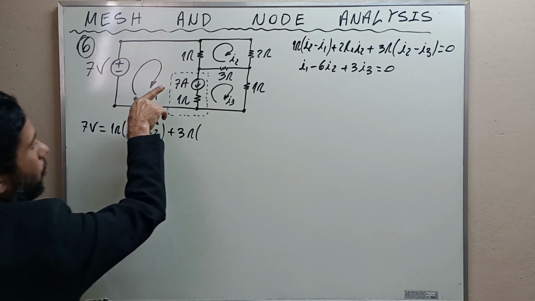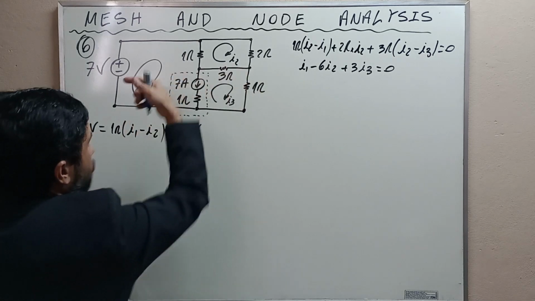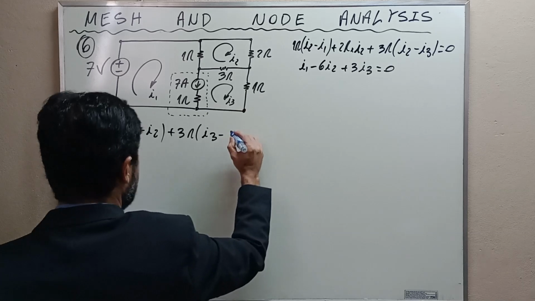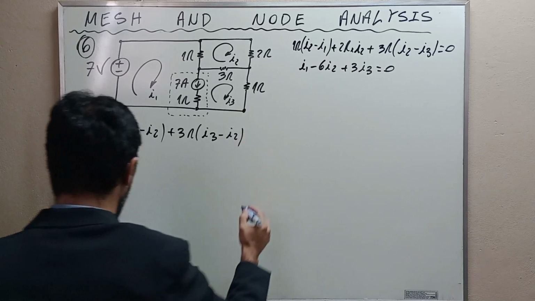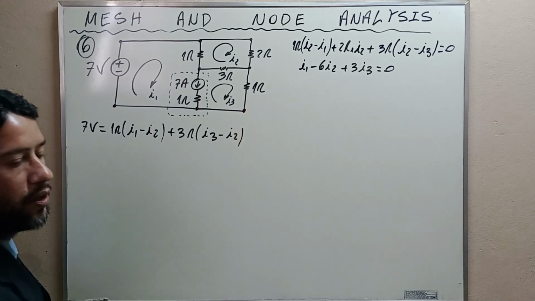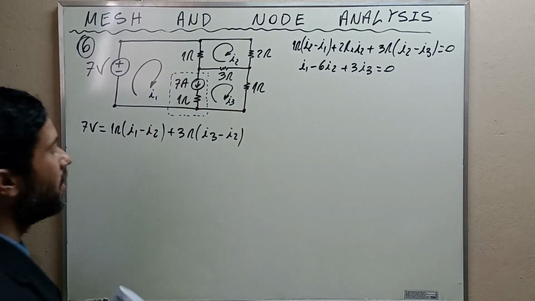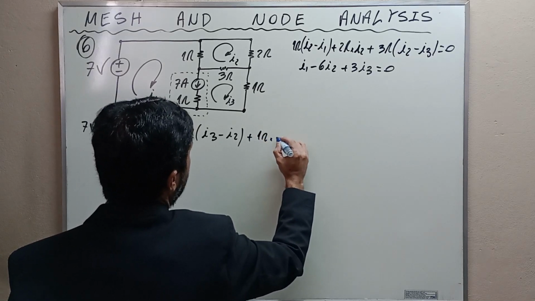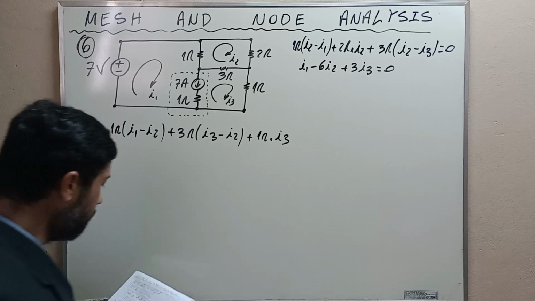Current I3 goes this direction and I2 this direction, I3 minus I2, and through this 1 ohm resistor passes I3, plus 1 ohm times I3, okay?